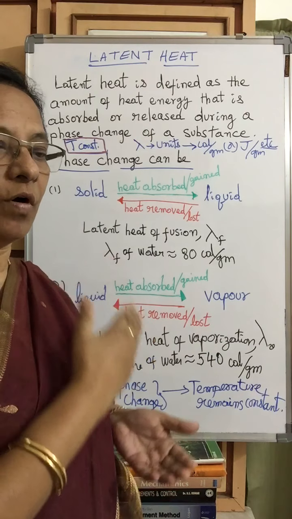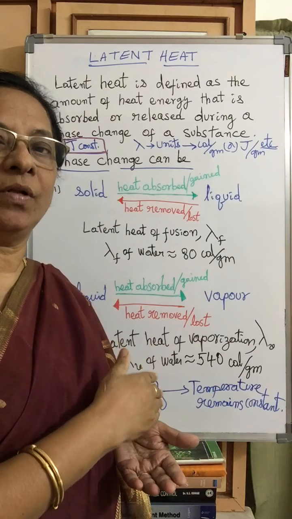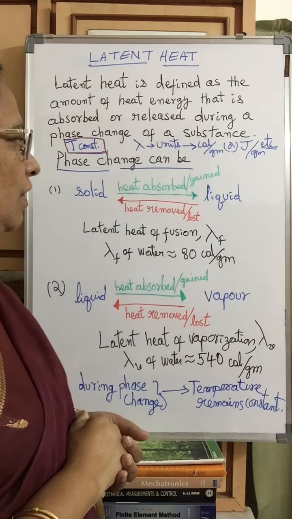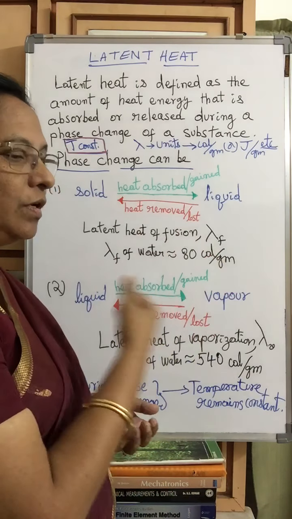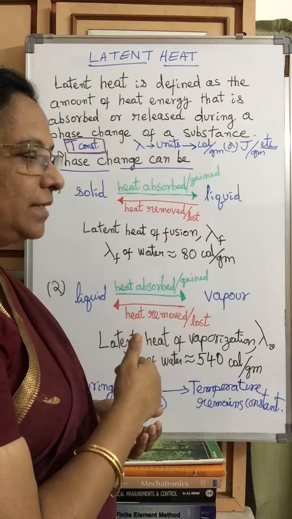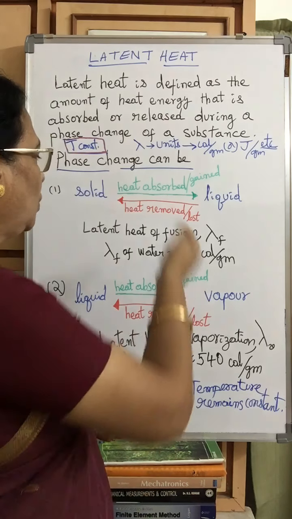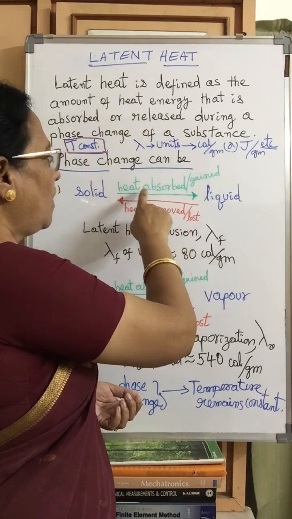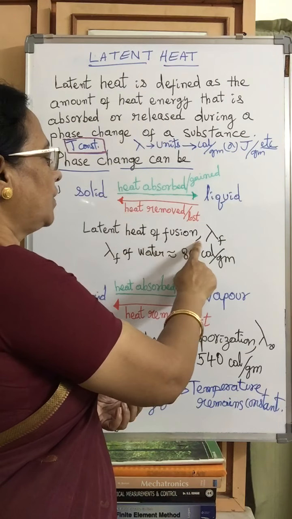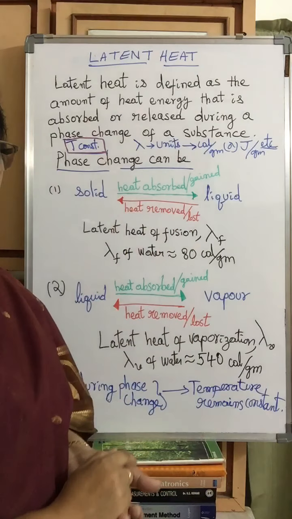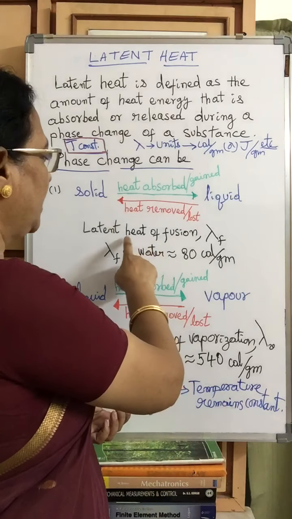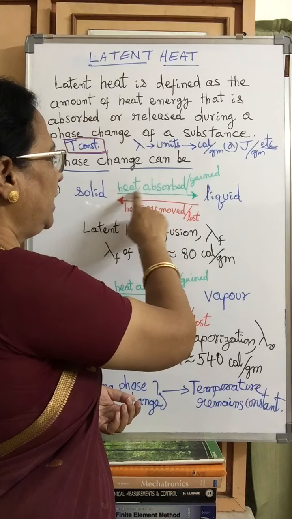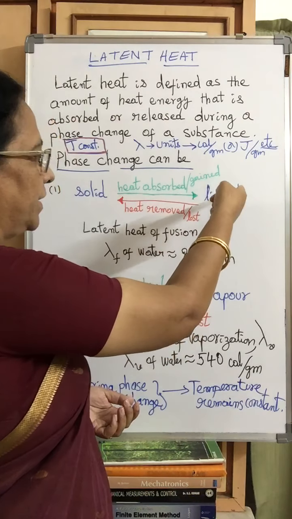Then the amount of heat energy that is required to convert solid to liquid is called latent heat of fusion, lambda F. Okay, that is called latent heat of fusion. This is the heat absorbed or gained.